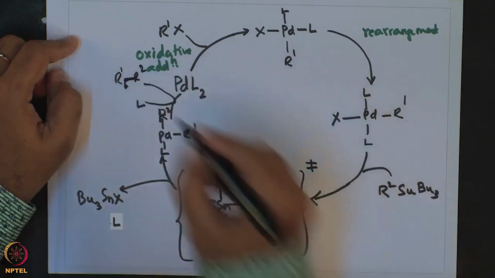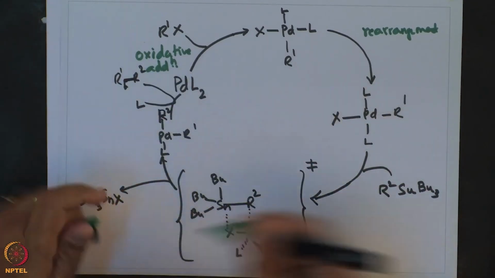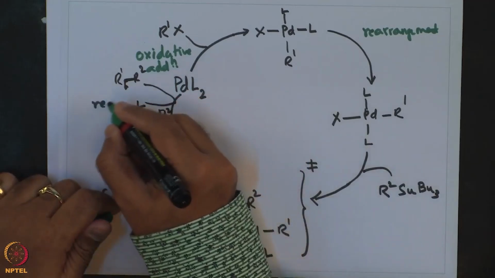This is the cross coupled product. So, this step is the reductive elimination step.